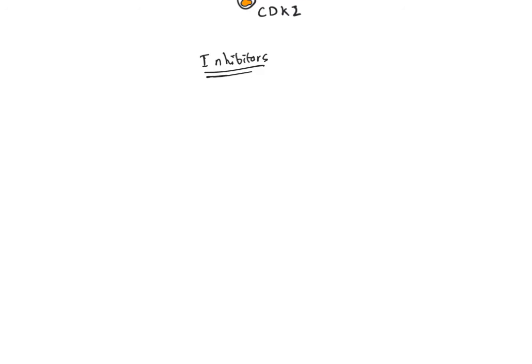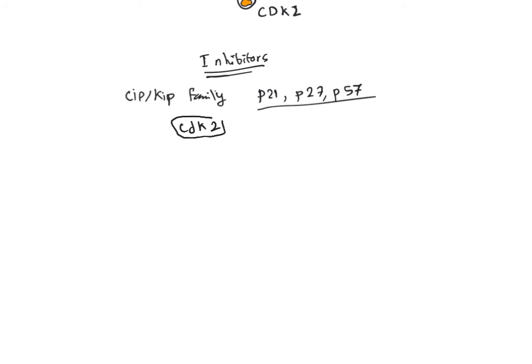So these inhibitors, we have the CIP, KIP family. These here are P21, P27, and P57. Basically what they do is inhibit CDK2. Remember, CDK2 was important in G1 and also in the S phase.